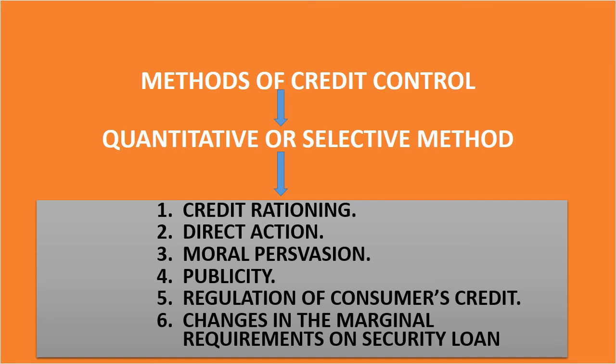If the commercial banks do not abide by the advice or request of the central bank, no drastic action is taken against them. The central bank merely uses its moral influence and pressure to prevail upon them to accept and follow its policies.